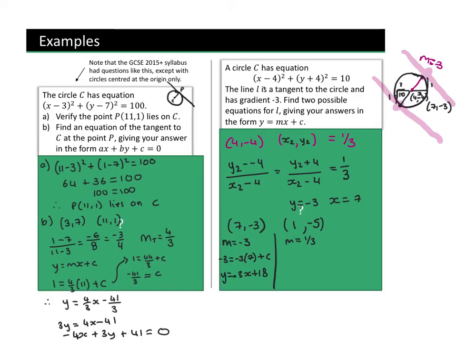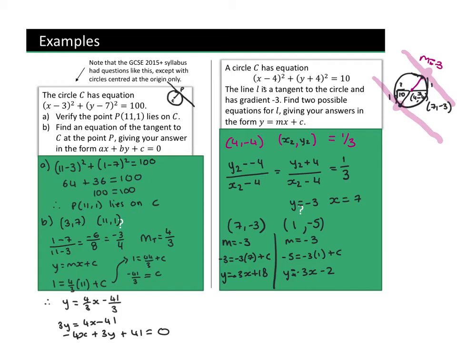So this is my first equation. Second equation, again, sorry everyone for the confusion. Our gradient is minus 3 because it tells us that in the question. I'm going to get minus 5 equals minus 3 lots of 1 plus c. So that must mean my c is equal to minus 2. So I'm going to get y equals minus 3x minus 2. So there I found the two equations.